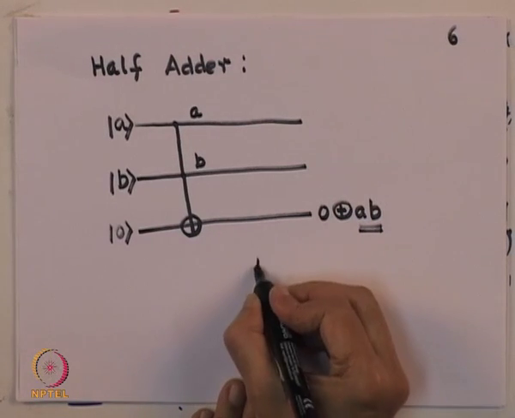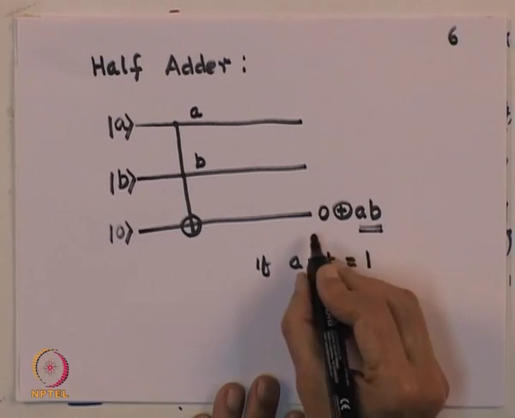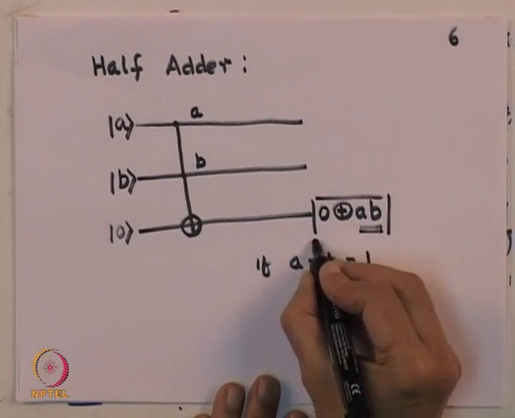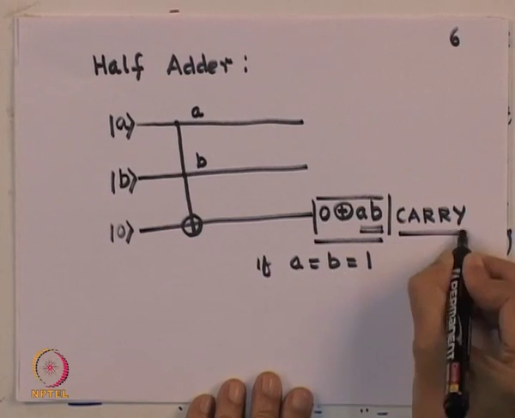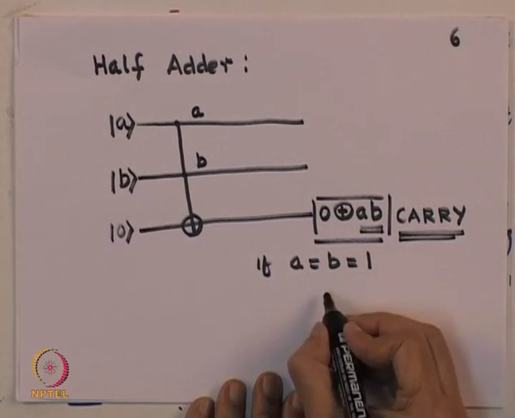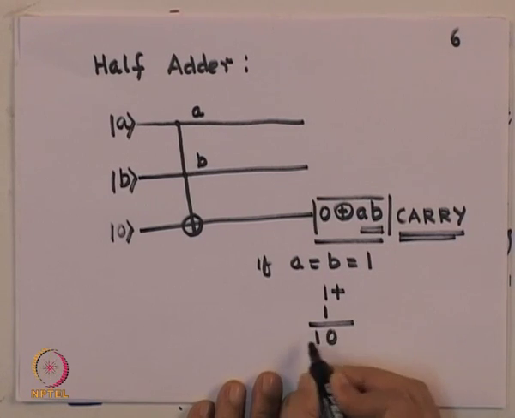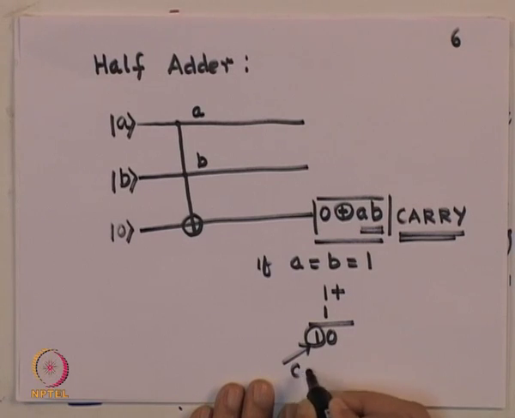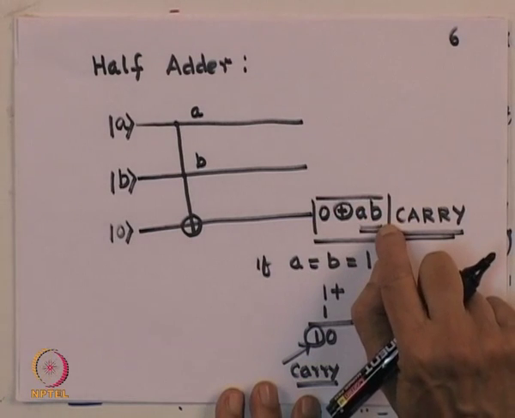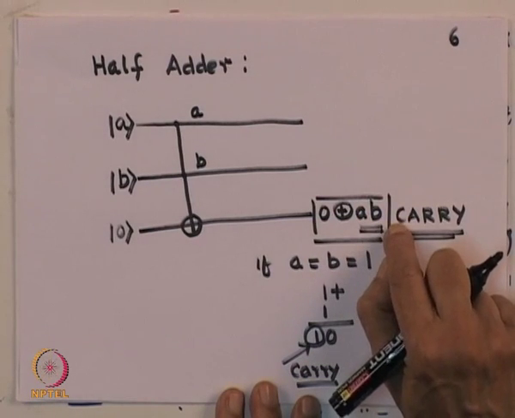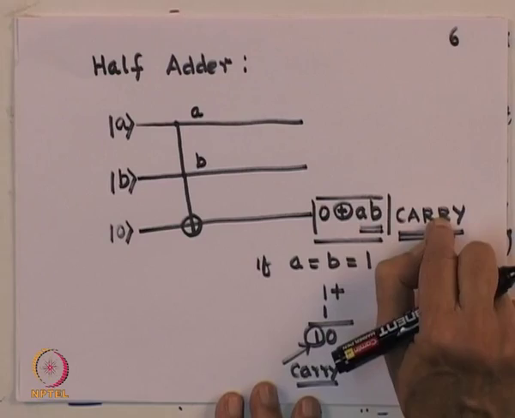So if A and B are each equal to 1, the last bit here would essentially have the carry, because 1 plus 1 in binary addition is 1 0 and this is your carry. There is no carry if either A is 0 or B is 0 or both are 0 of course, because it is an XOR operation, I get 0.